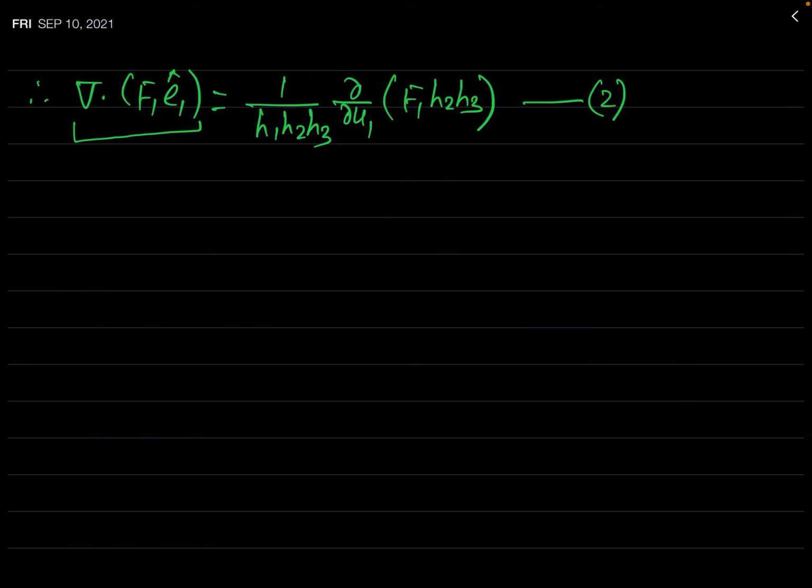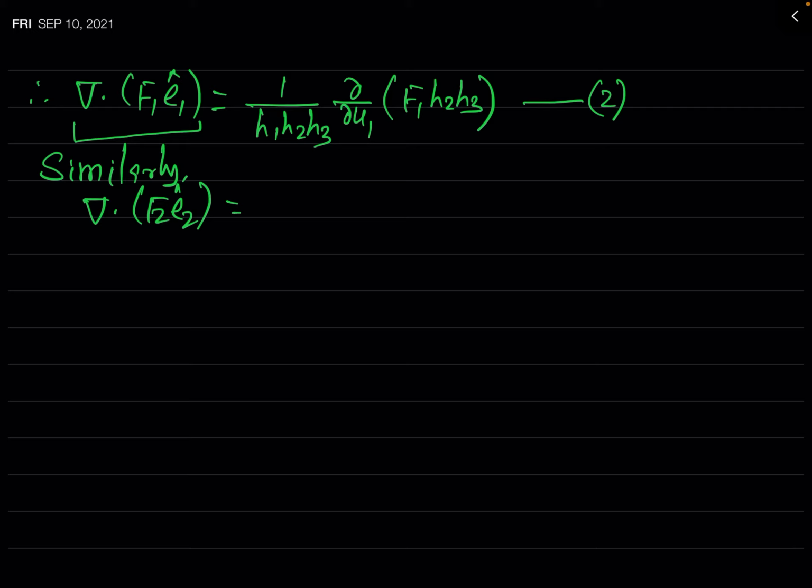See, just similarly, what will be the expression for del dot F2 E2 hat? You can see subscript 1 has been changed by 2. So wherever in equation 2 there is 1, we will write 2 at that place. But the other subscripts 1 and 3 will remain.